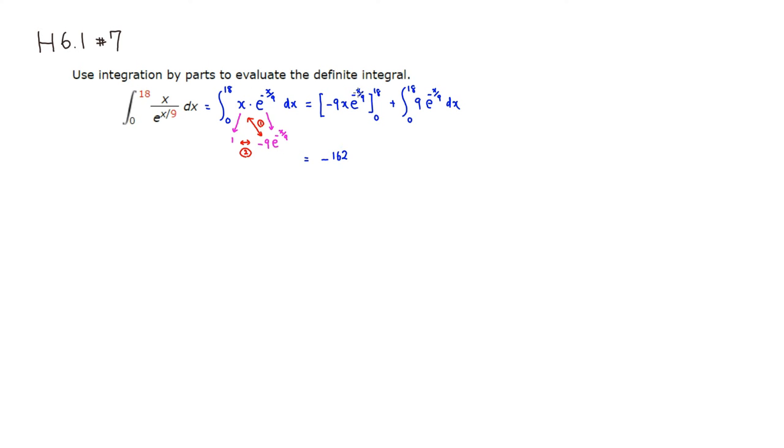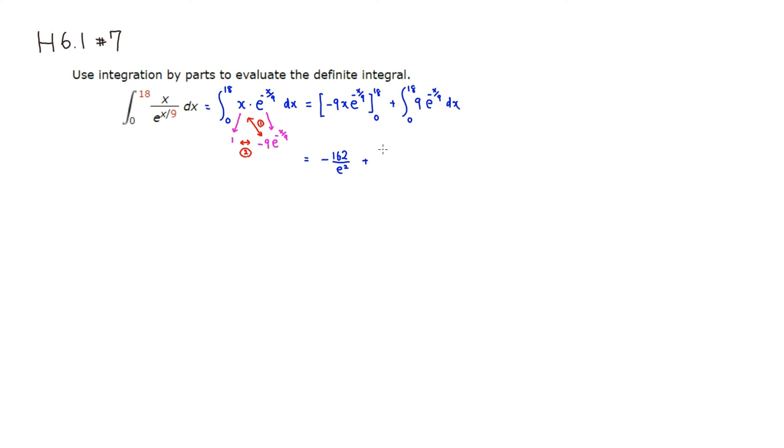Then if you plug in 18 here, it's negative 18 over 9, which is negative 2 power. E to the negative 2 is 1 over e squared. And minus, if you plug in 0, it's going to be 0, so I'm not going to write anything down here. So plus.